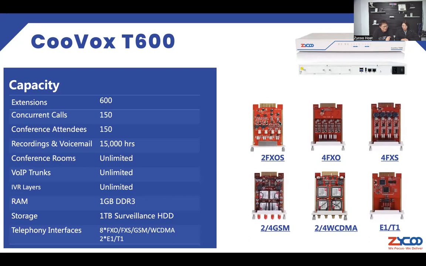And it can support up to 8 FXO or FXS, GSM, WCDMA, or EVA or TVI interfaces. In other words, you can pick any of the modules in this list for different scenarios.